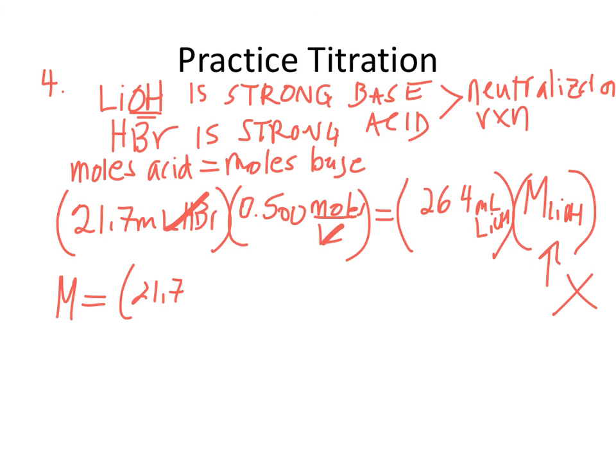If you look at this too now, liters of HBr cancel. This will be moles per liter. Liters would cancel if we had written this in terms of moles per liter. That would cancel, so we'd have molarity in the end.